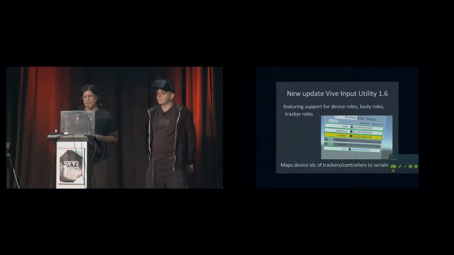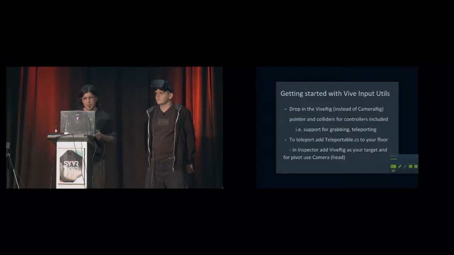One of the problems with mixed reality, for example, which I gave a talk about yesterday, was that you needed a third controller, and you had a problem every time you turned on the controllers, it would be assigned to a different index. With this tool, you can finally not worry about which order you turn them on. If you turn on the camera first, it knows it belongs to the camera, and you don't have to take it off. So it's a good, useful tool for those who are interested in tracking devices.